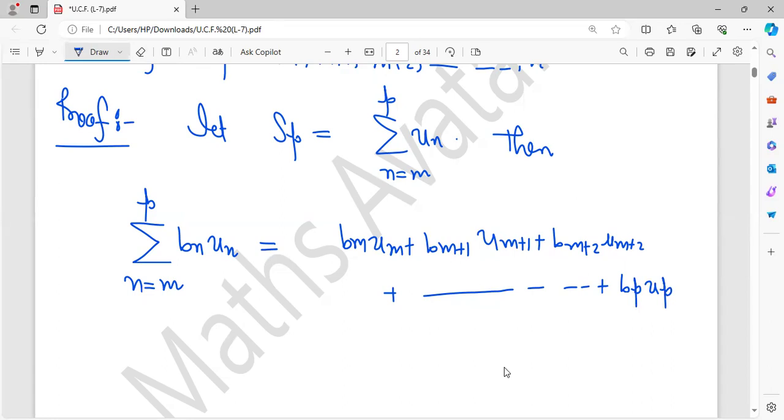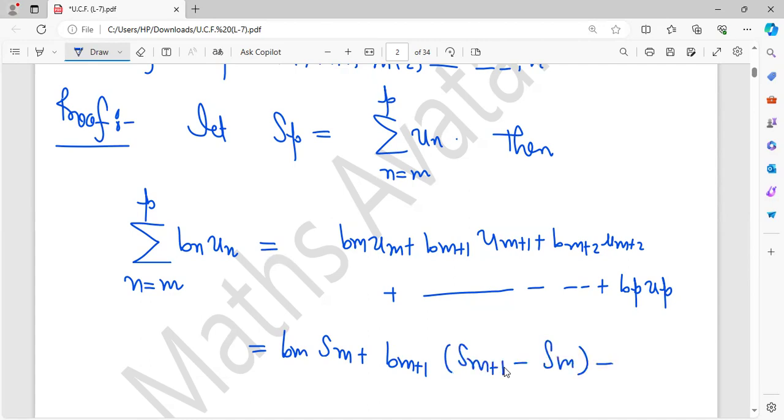Now tell me what will be this? What is Um? Um is nothing but Sm. And what is Bm plus 1 times Um plus 1? We can write Um plus 1 as Sm plus 1 minus Sm.